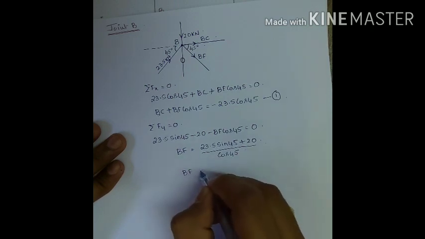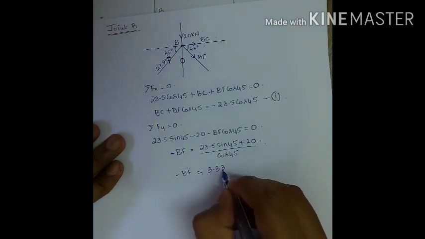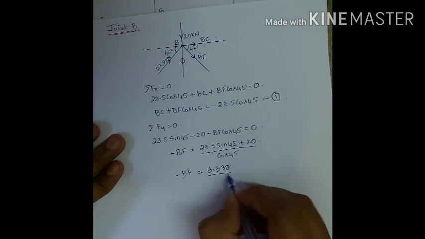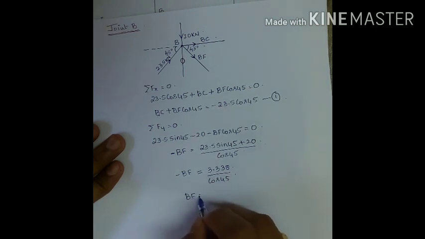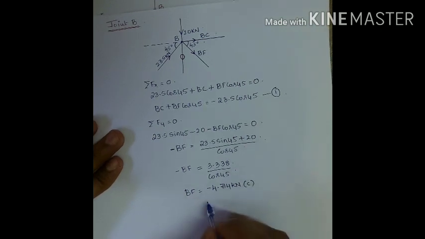Calculating the BF value, 3.38 by cos 45, this comes out to be BF is equal to minus 4.714. This will be under compression.